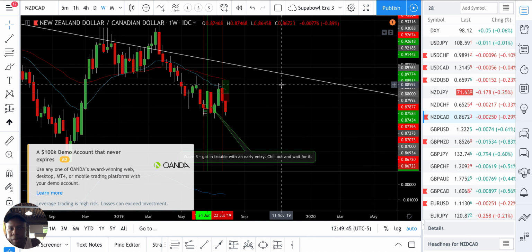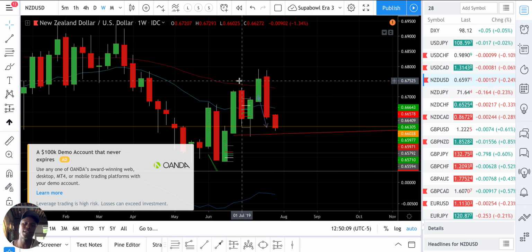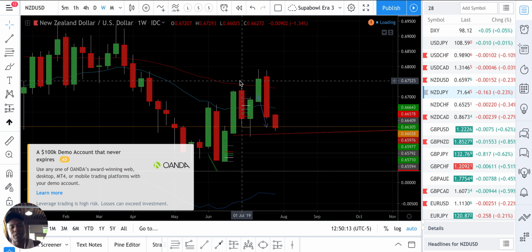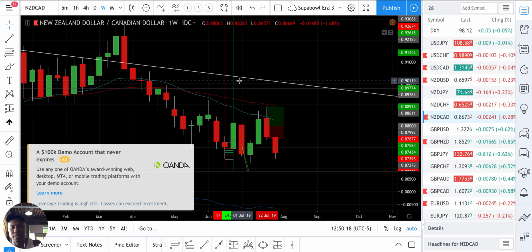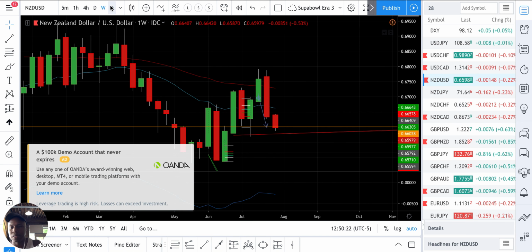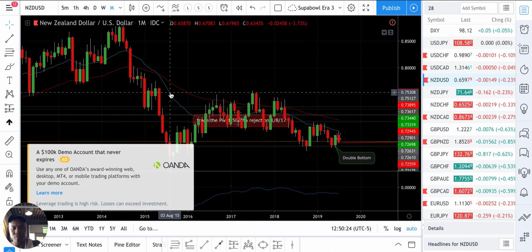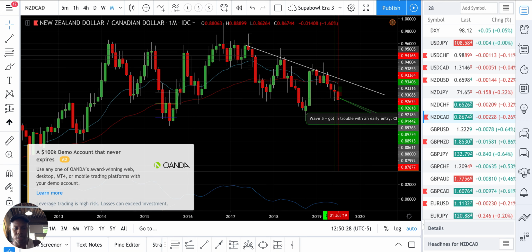Now this goes a step further and looks like it got stuffed at the 50 EMA. So I'm going to have to really consider if I actually want to take this. I'm going to need to know that we're going to break through that level in order for it to make sense. Okay. And then the monthly, we're hanging below the 20 EMA on all of these.